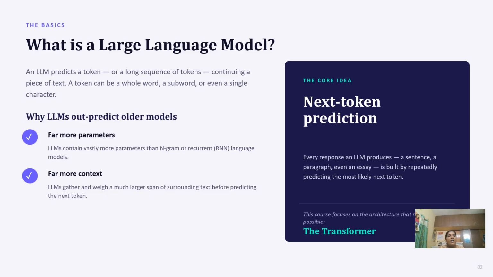It also uses far more context, meaning that LLMs gather and weigh a large span of surrounding text before predicting the next token.